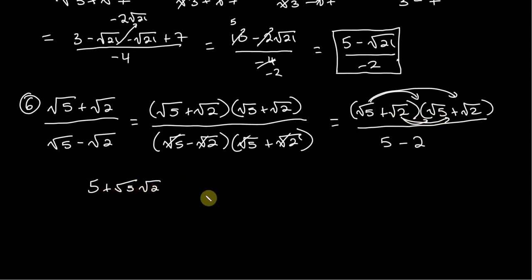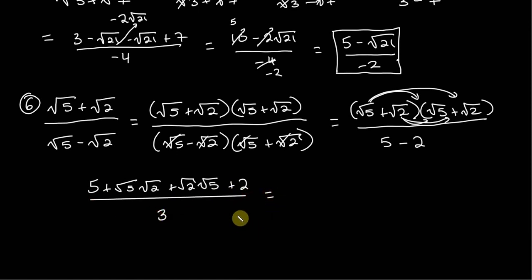Likewise, root 2 times root 5, we can just write this as root 2 root 5, and then root 2 times root 2 is just plus 2. Okay, and then 5 minus 2 is 3.